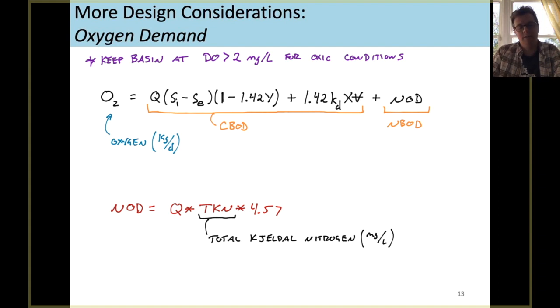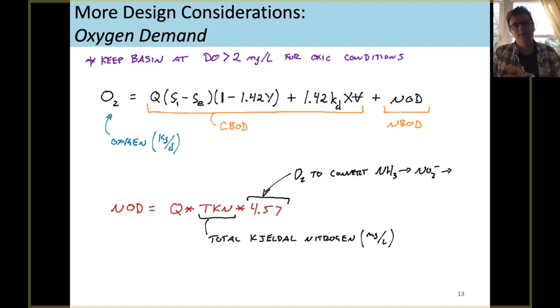It's basically the bioavailable nitrogen when we've decomposed the organic matter. And that 4.57 is the smashing together of several stoichiometric terms that describes the oxygen that it takes us to convert those ammoniums that'll be formed from decomposition into nitrite and ultimately into nitrate.